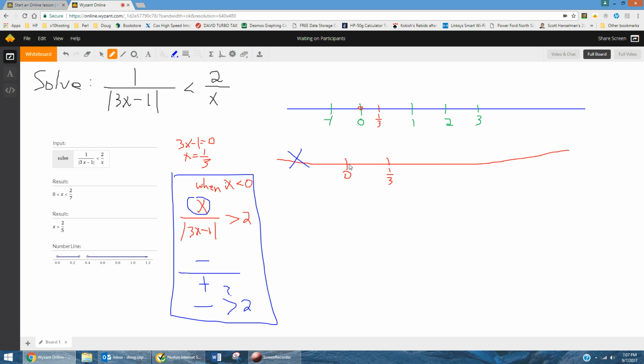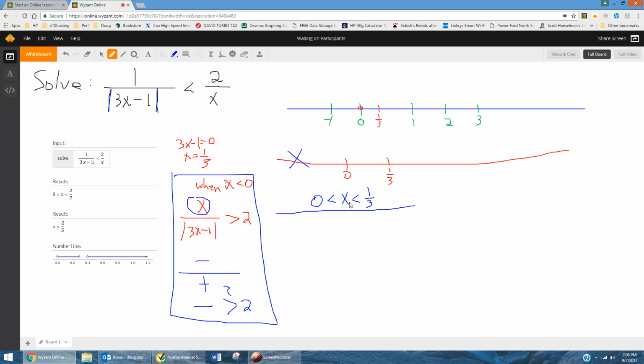Now when x is between 0 and 1/3, this is almost like an art form for solving this. When x is between 0 and 1/3, is there a way to write this absolute value symbol without an absolute value symbol?